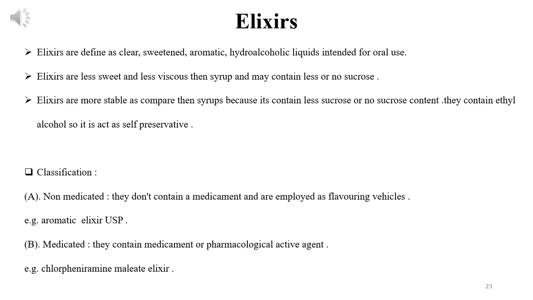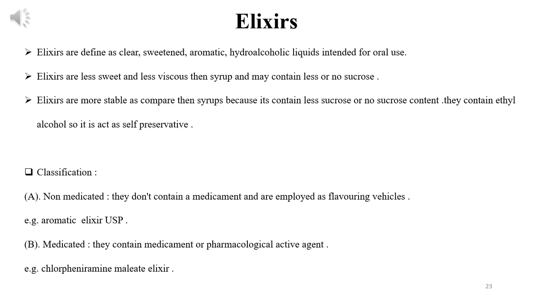The next formulation is elixir. Elixirs are monophasic systems. An elixir is defined as a clear, sweet and aromatic hydroalcoholic liquid intended for oral use, containing a sweetening agent, aromatic and hydroalcoholic liquid.